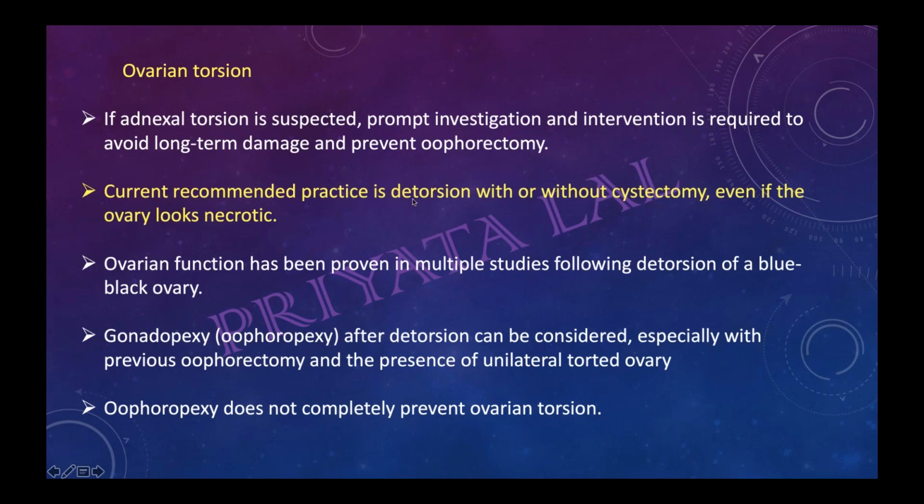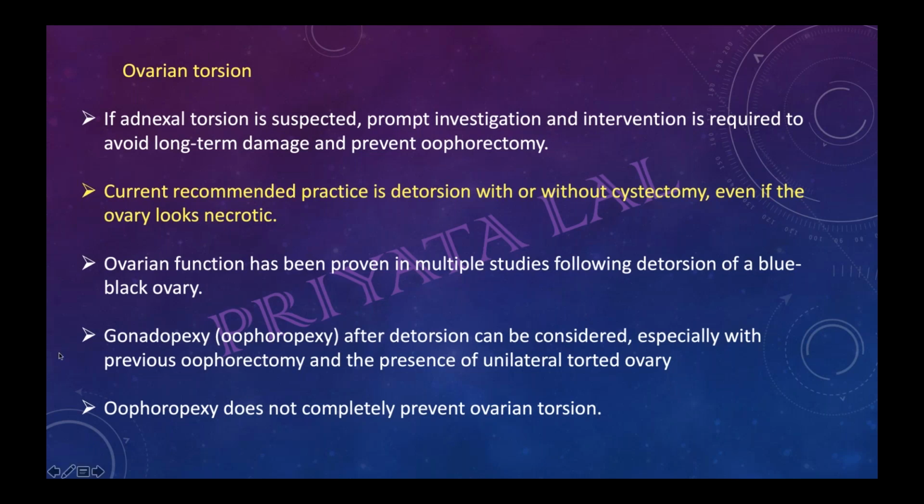The current recommendation is to do detorsion with or without cystectomy, even if the ovary looks necrotic. There was an old TOG in 2012, but the new 2020 TOG says the same. You will find the answer to many questions here, because multiple studies have shown that even when the ovaries look blue-black, after detorsion, ovarian function comes back. So they are not removing the ovary.